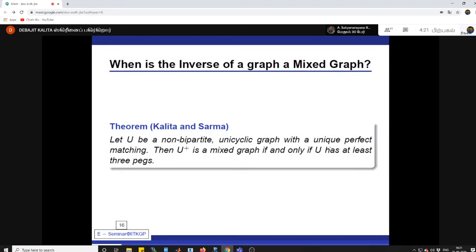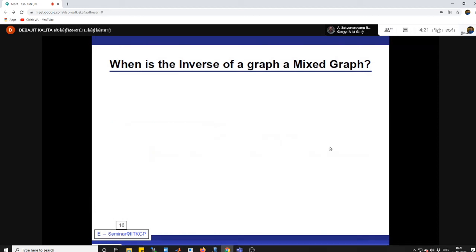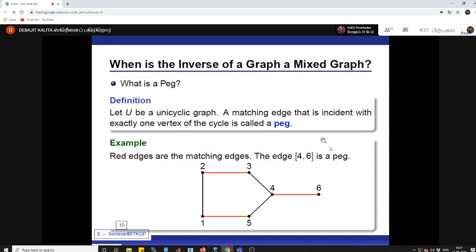And the inverse is a mixed graph if and only if you have at least 3 pegs. That means, because of this theorem, the inverse of this unicyclic graph cannot be a mixed graph because it has only 1 peg. We can see that.